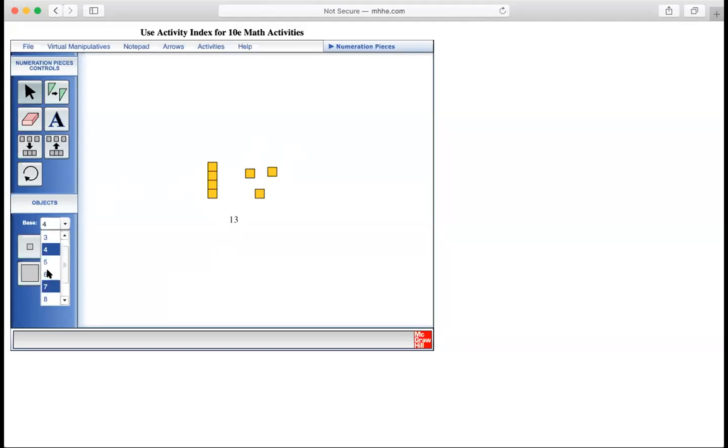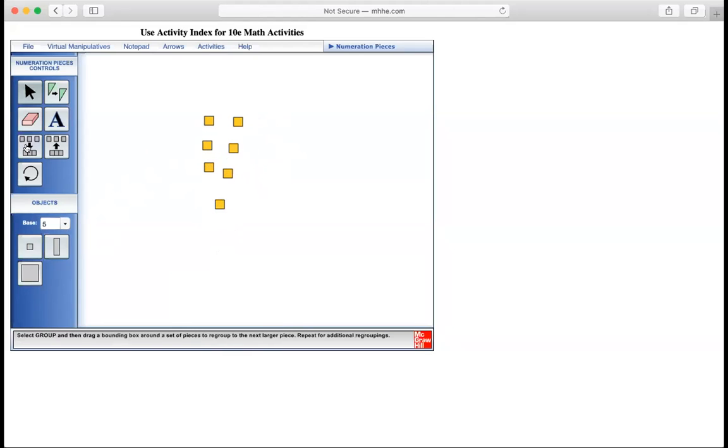We can do the same in base 5. We'll take our same 7. Now I want you to think about it: how many groups of 5 can we make out of 7 individual pieces? 1, 2, 3, 4, 5. So I can group these 5 here.